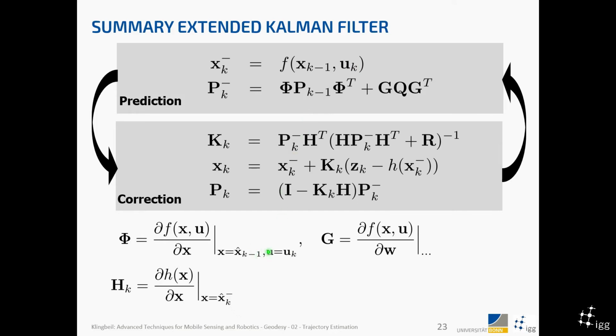We use the last state here, right? We use the state from the last position as a linearization point, and for the measurement matrix, we use the predicted estimate as a linearization point. Apart from this linearization, the filter is pretty similar. It's just that we have to use these Jacobians here to get the linearized matrices.